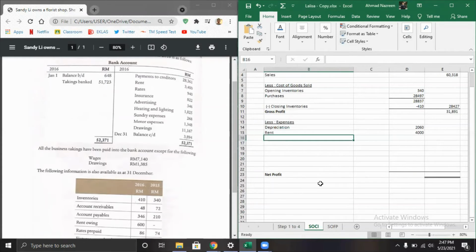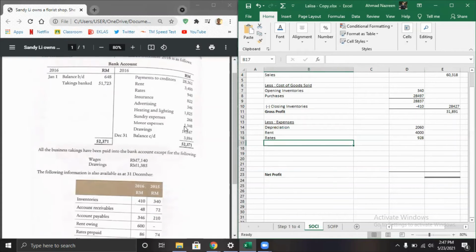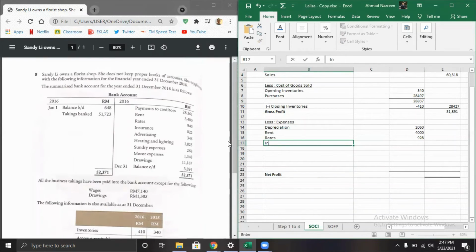We shall move on to the information of expenses in the questions. In the questions, insurance is an expense, totaling 822 ringgit. Then the next information is the advertising. Advertising is also an expense, totaling 346 ringgit.